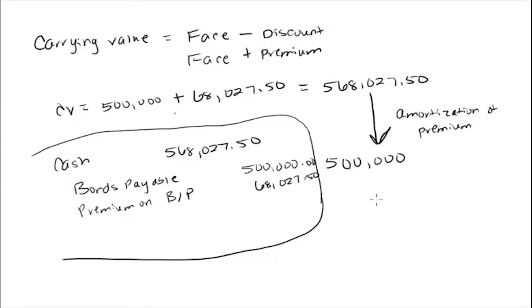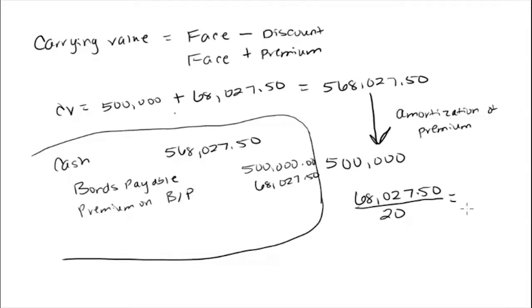So if we were doing straight line, you would take 68,027.50, and most companies, I would say, do this each time that they pay the interest. So you would divide this by, what was our term, 10 years? Yes, so you'd divide this by 20.